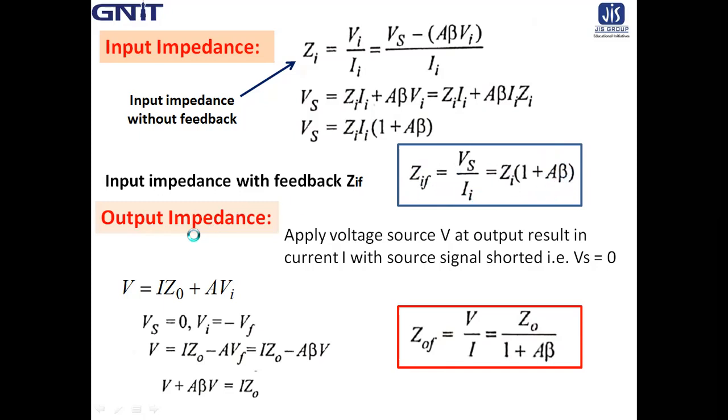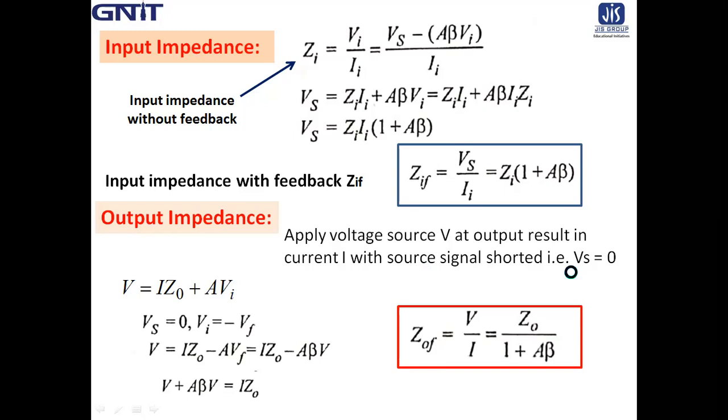Next, let us move to the calculation of output impedance. How can we determine the output impedance? The output impedance can be obtained by applying a voltage source V at the output that will result in a current I, with source signal shorted.